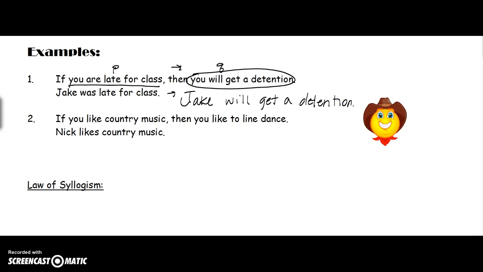If you like country music, then you like to line dance. If you haven't tried it, it's fun. So if Nick likes country music, what can we say about Nick? Nick likes to line dance.